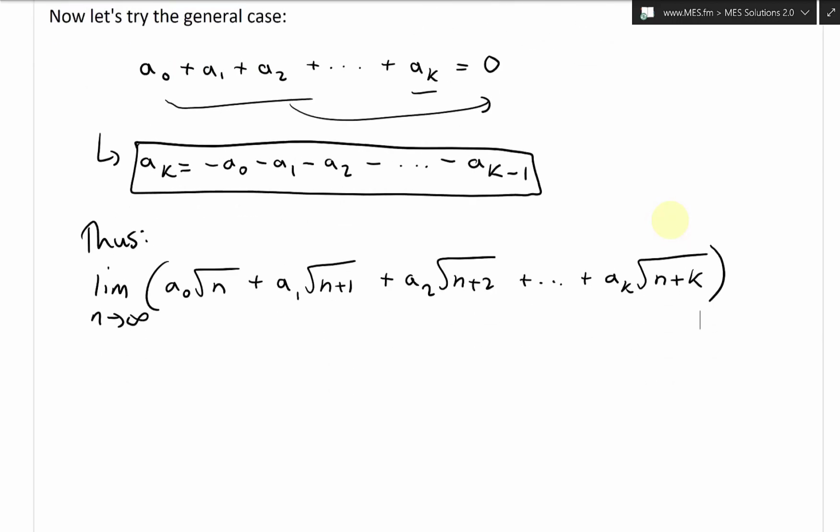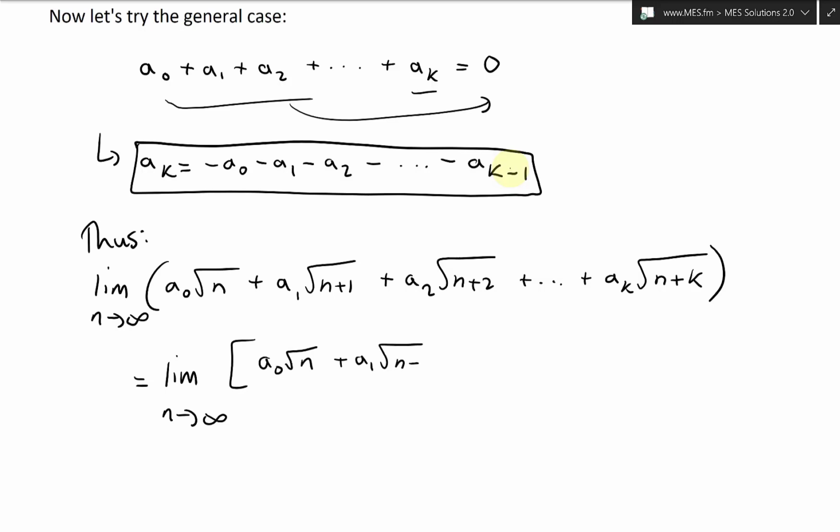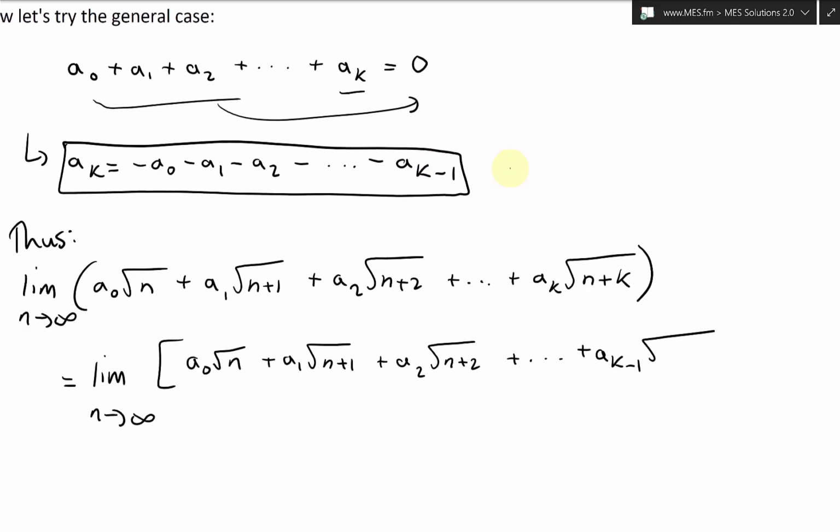All right, so we have all that. What it means is, we know ak is equal to this. So what we'll do is write this as two parts. This equals the limit as n approaches infinity of, and the first part is on the top, I'll use this bracket: a0 square root n plus a1 square root n plus 1 plus a2 square root n plus 2 plus dot dot dot. Instead of going all the way to ak, we'll go to a(k minus 1) and square root n plus k minus 1.